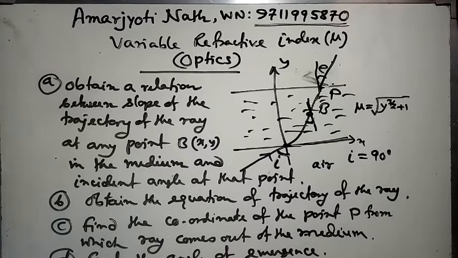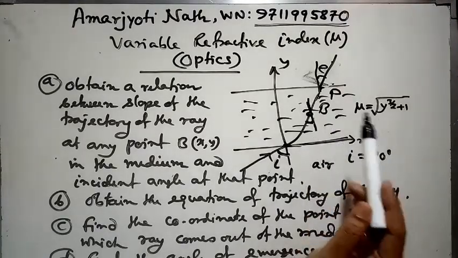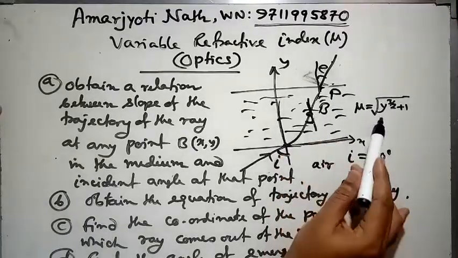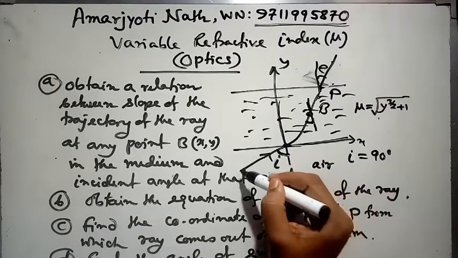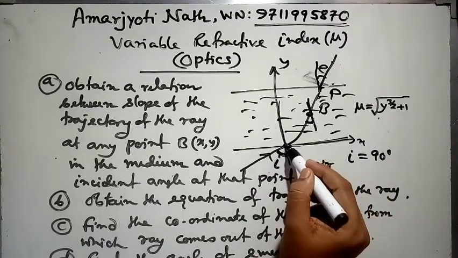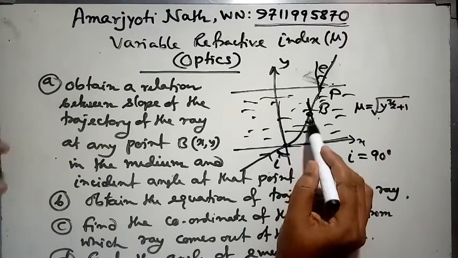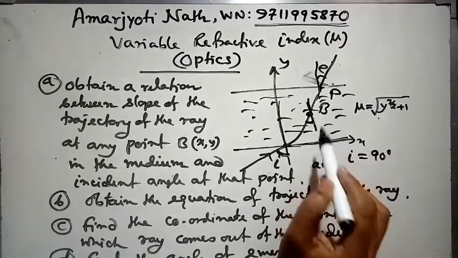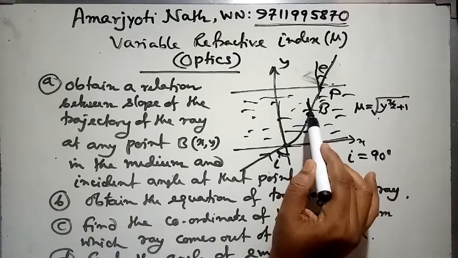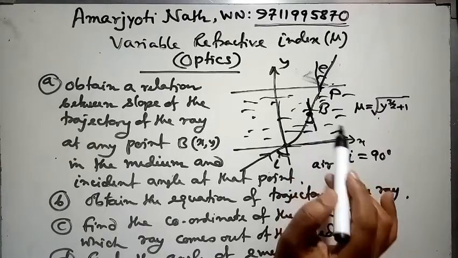Okay, and what they are asking, see, this is a medium whose refractive index is gradually changing along y. A ray is incident at angle 90 degrees, meaning grazing incidence, at the origin. As the ray passes through the medium, at any point B on the ray I need to find the relation between the slope at this point and the angle of incidence at that point.